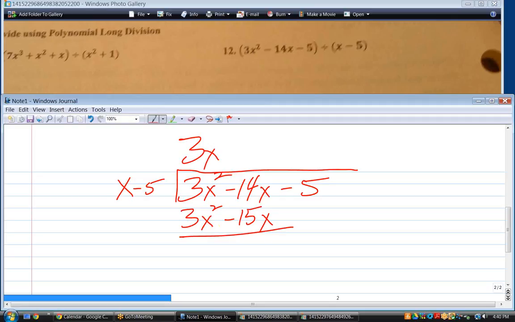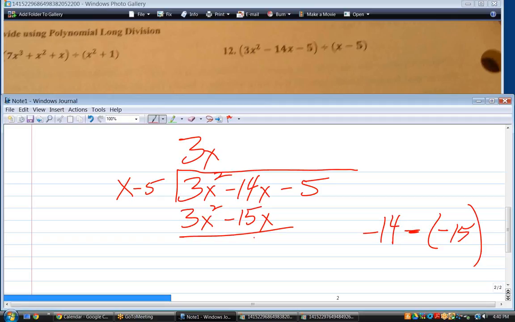And one way to remember that is that we have to be subtracting in order to get 0 there. If we were adding, we would have 6x squared there. So we're subtracting. So what is minus 14 minus a minus 15? 1.